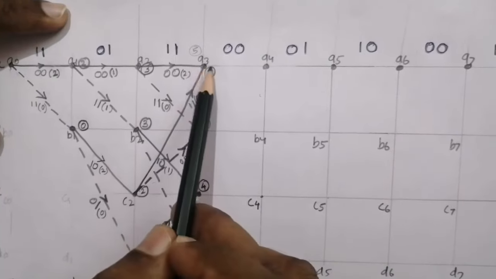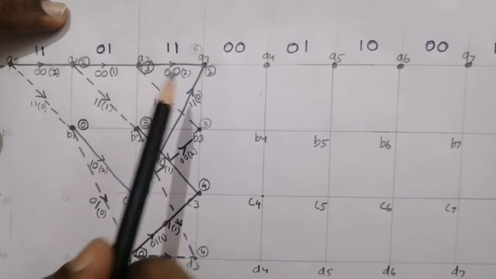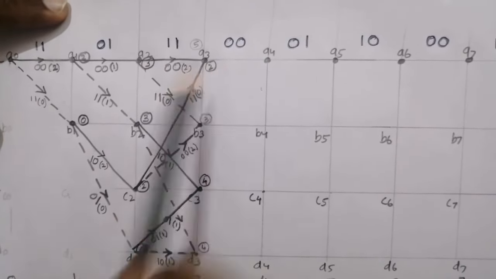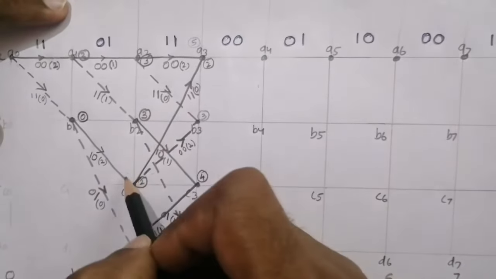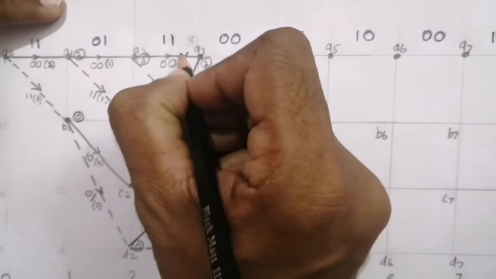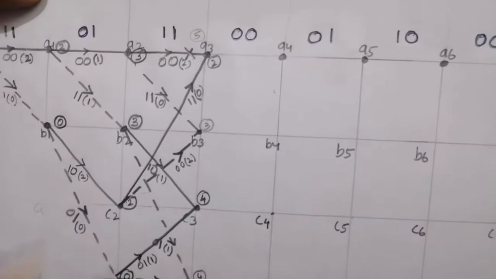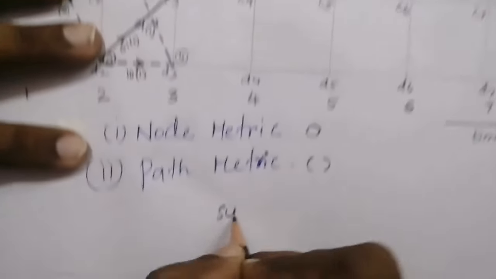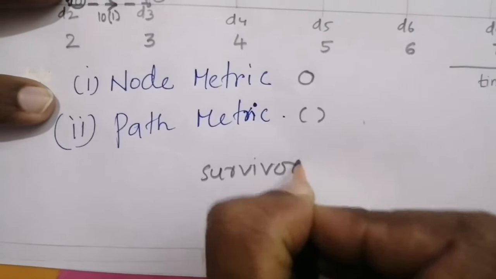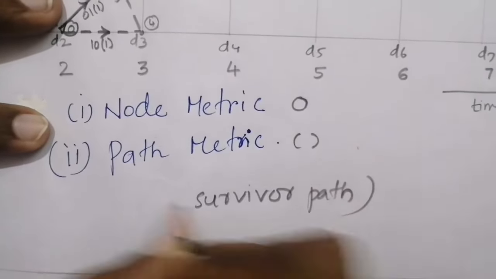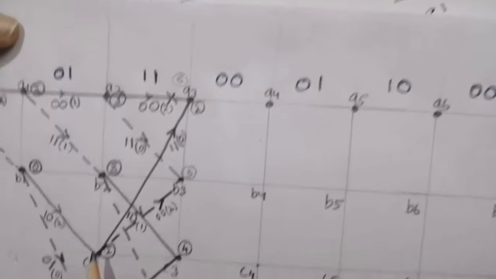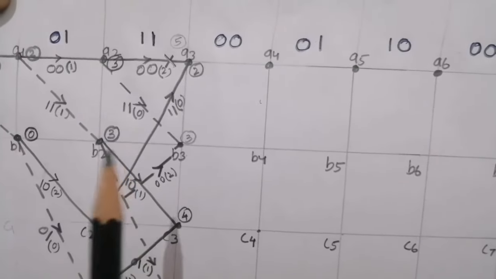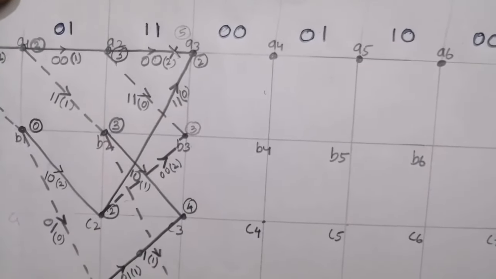Now we need to select only one path, that is, the path with the lowest metric. We will select this path and remove this path. We call this the survivor path. The survivor path is the path with the lowest node metric.